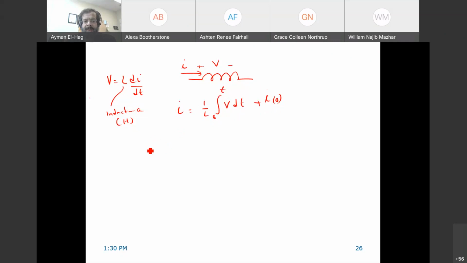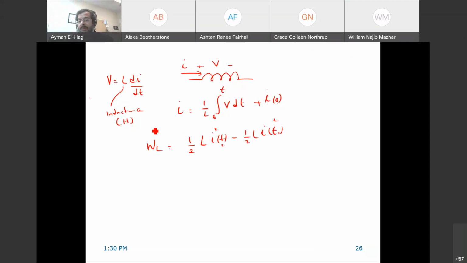And also we found that the energy equals 1/2 L i at t2 squared minus 1/2 L i at t1 squared. This is assuming that the inductor has been charged at both of the two times.